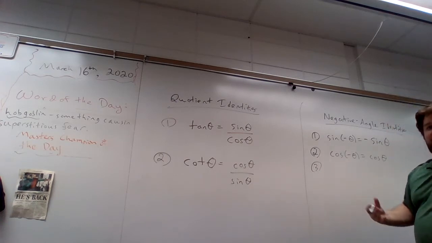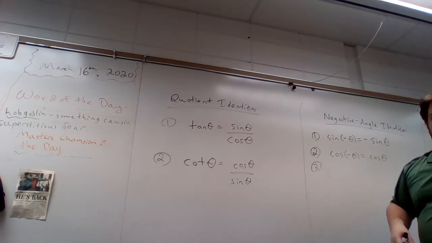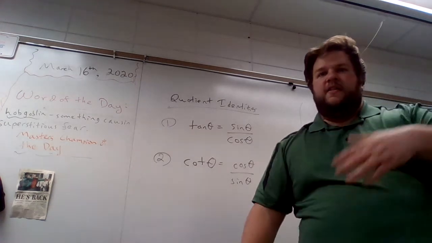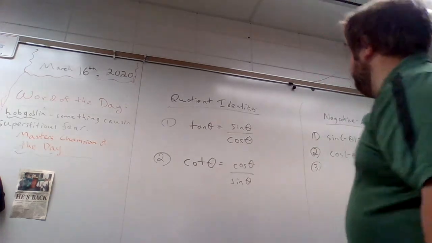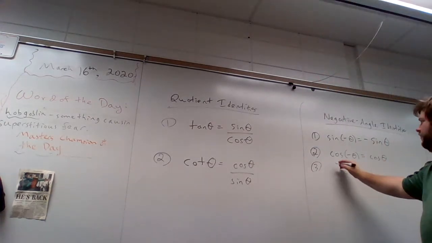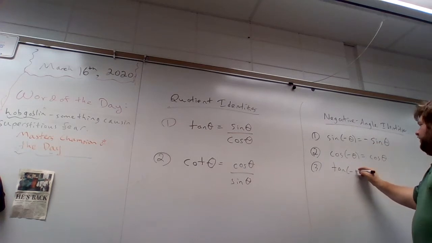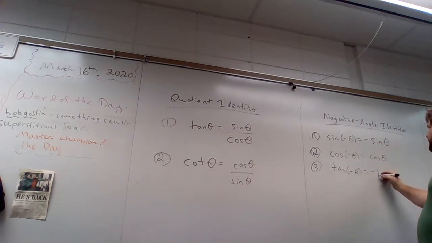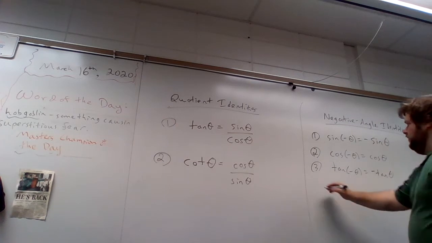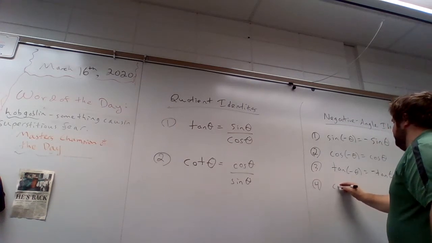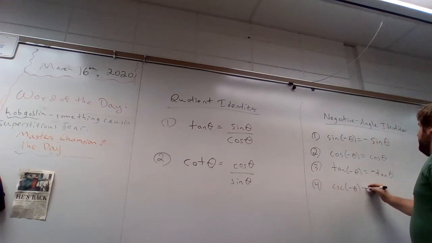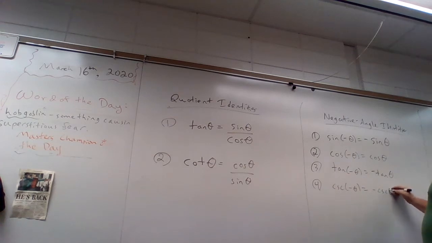So cosine's even. Likewise, cosine of negative pi over 4 is going to be cosine of pi over 4. Let me write the other ones down. Tangent of negative theta is negative tan theta. Cosecant of negative theta is negative cosecant theta.